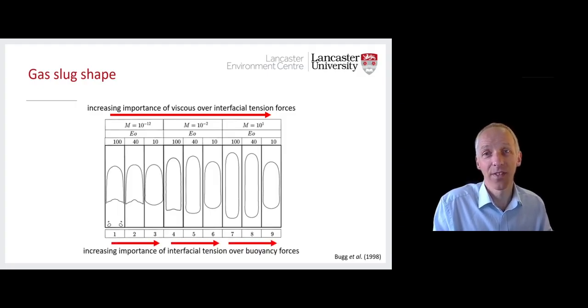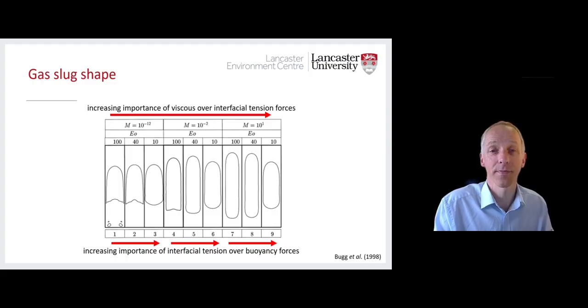On the leftmost side, going from left to right increases the roundness of the slug with decreasing Eötvös numbers from 100 to 1. Slug shape is being increasingly influenced here by the interfacial tension forces with respect to the buoyancy forces. So, dimensionless numbers can give us insight into slug morphology in magmatic systems because within the laboratory we can observe the slug shapes easily and we can calculate the relevant dimensionless numbers to relate them to the volcanic system.